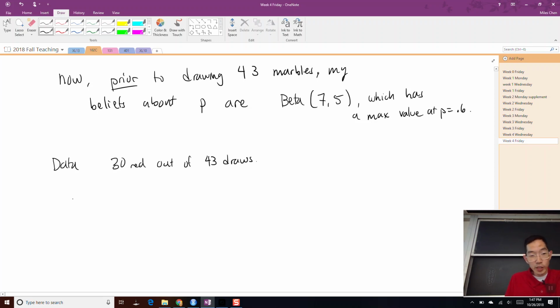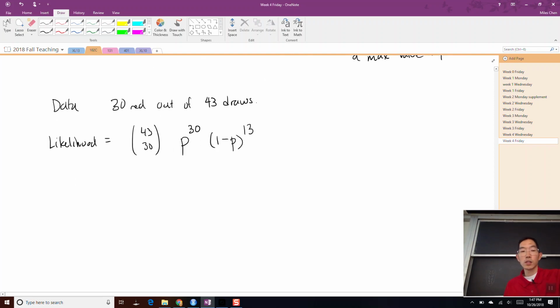okay? And so my likelihood is going to be equal to some 43 choose 30, it doesn't matter, P to the 30th and 1 minus P to the 13th, right? Okay, and the prior is equal to some constant times P to the 7 minus 1 and 1 minus P to the 5 minus 1.